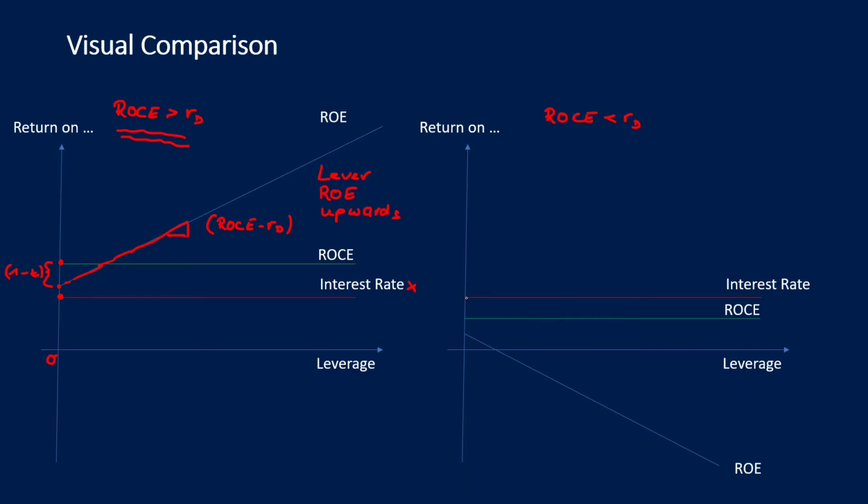Here we have the interest rate, and the ROCE has fallen below the interest rate, maybe due to an economic downturn. Again, a little deeper starts in the starting situation, the ROE, and now it's going down because the slope is ROCE minus interest, and since this one is negative, here we have the reason, the ROE is going down.